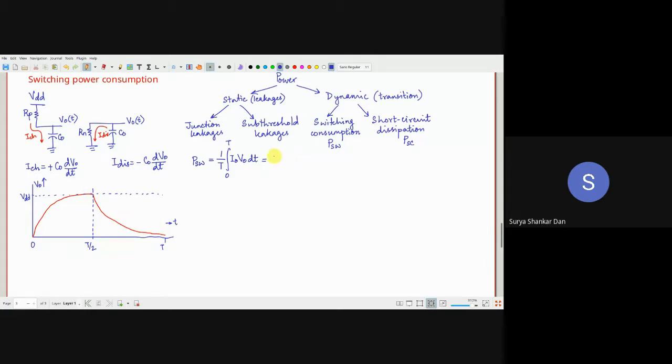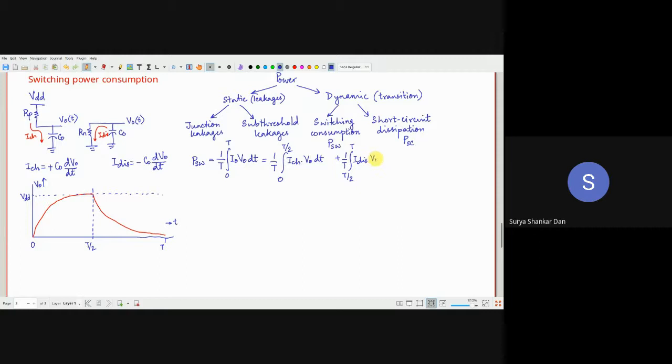So we can write 1 upon capital T. When it is the first half time period, it is basically the charging current. For the second half, it is the discharge. As you can see, the output is going down from VDD to 0. So that means it is a discharging current.